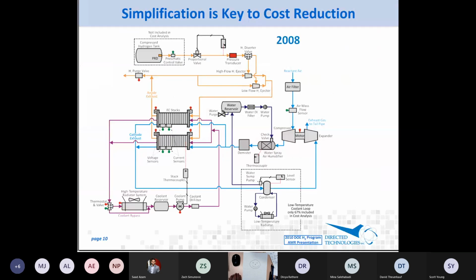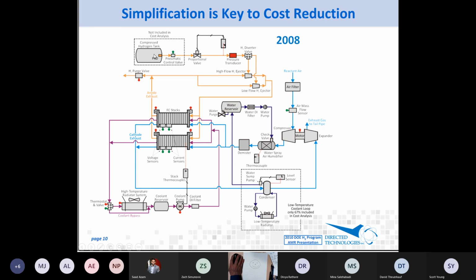Okay, so this is from the 2010 Department of Energy Hydrogen Program Advanced Materials presentation. And they're talking about how to simplify a fuel cell system to get cost reduction. So this is what a fuel cell system going in a car in 2008 was proposed to be.